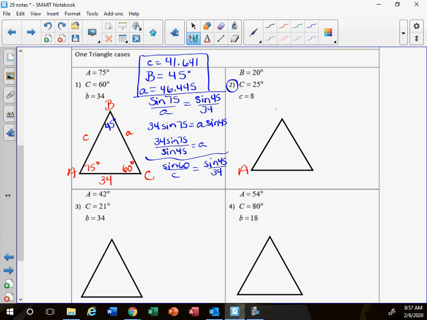Label your triangle, figure out what you're missing. Around if you have questions on anything.